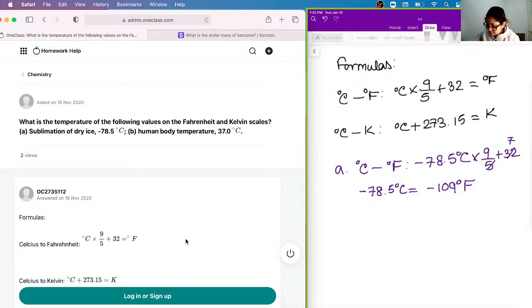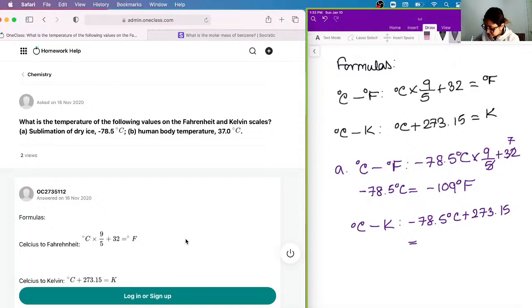So let's do where we convert Celsius to Kelvin, and you have negative 78.5 degrees Celsius plus 273.15.